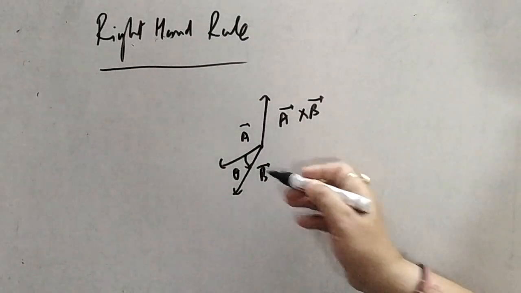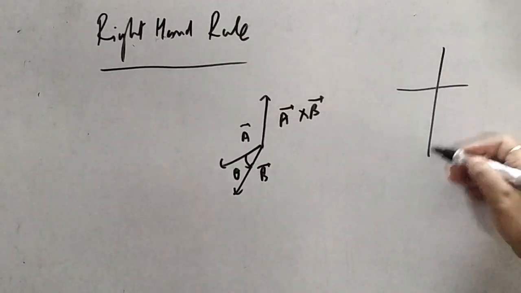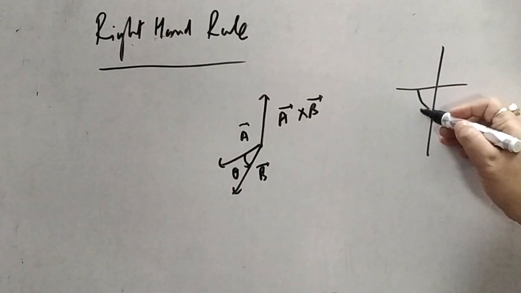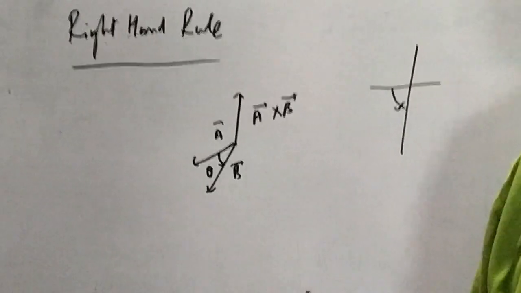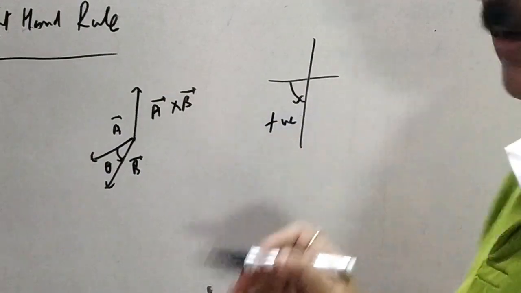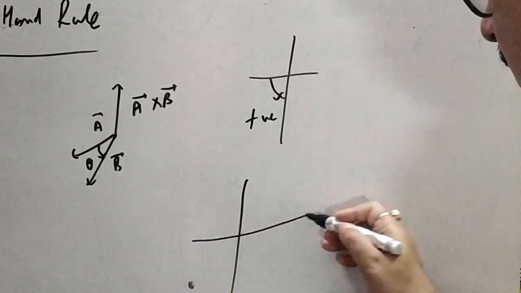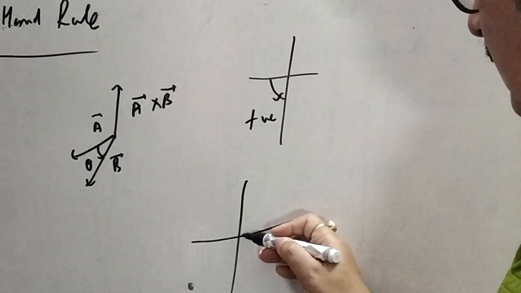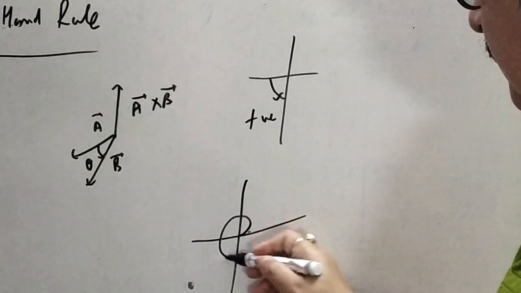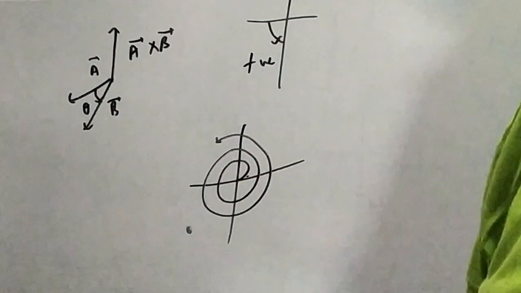Now you can see why I have made the direction of the angle like this. Because it is a positive angle. Remember, whenever we take an angle, it must be positive. The positive angle can be determined by the simple method of coordinate axes.